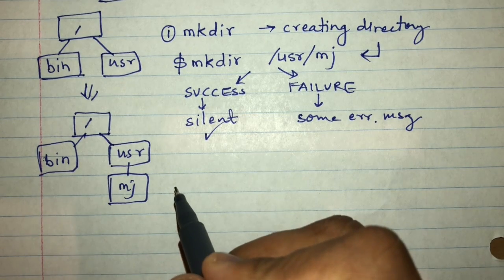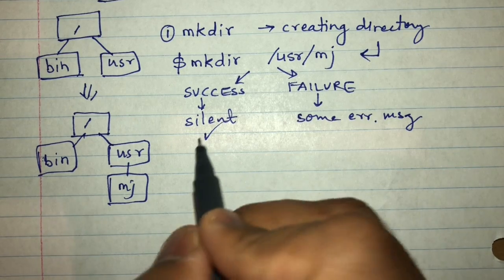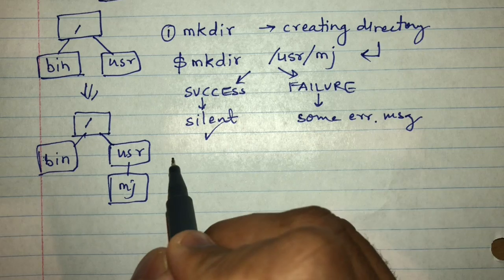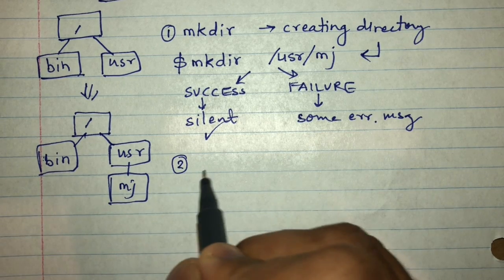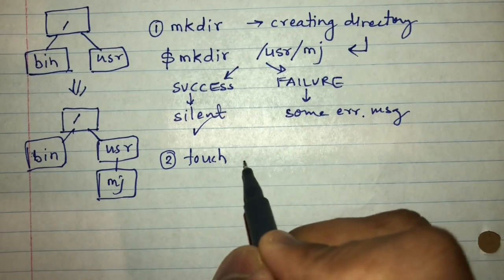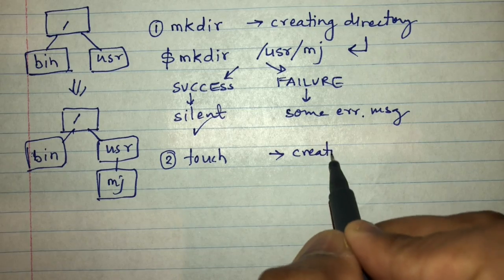Now let's say if you want to create a file in MJ directory, but you don't want to write anything to it. So I will just use the second command, which is called touch, and touch command is used for creating an empty file.